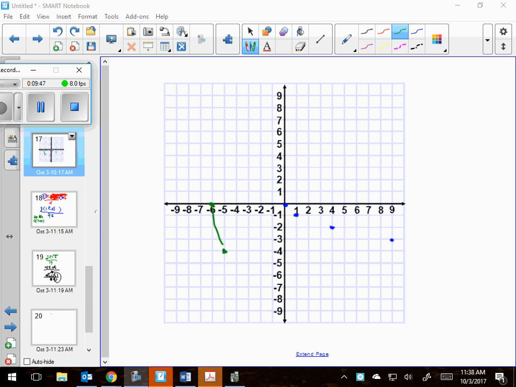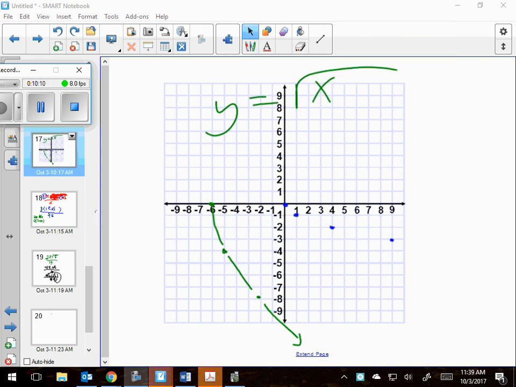Whoa, been stretched a lot. y equals, and it's a square root, that much should be obvious. How much of a stretch or a shrink or whatever it was, how much was it?